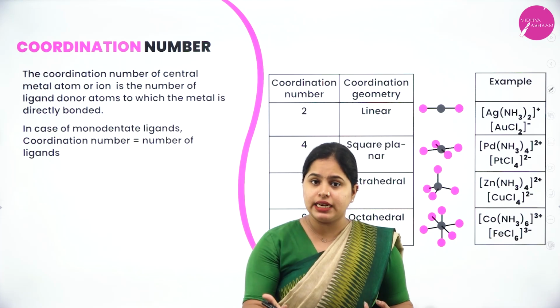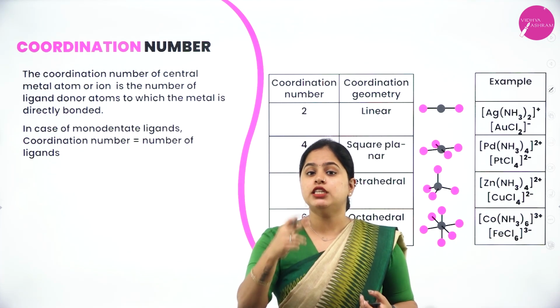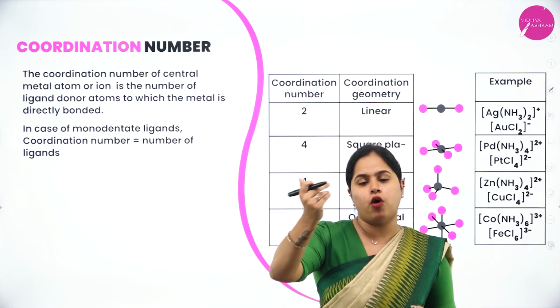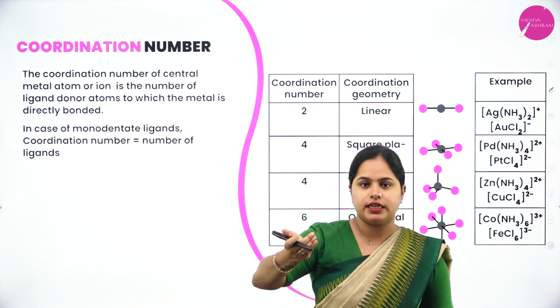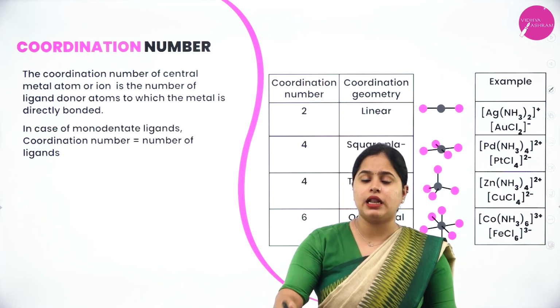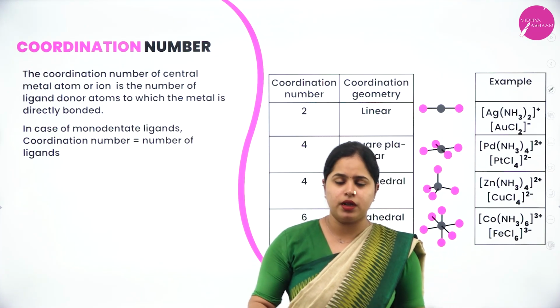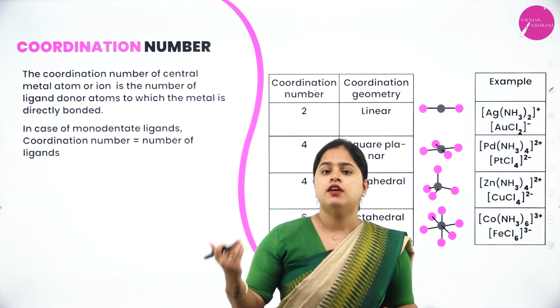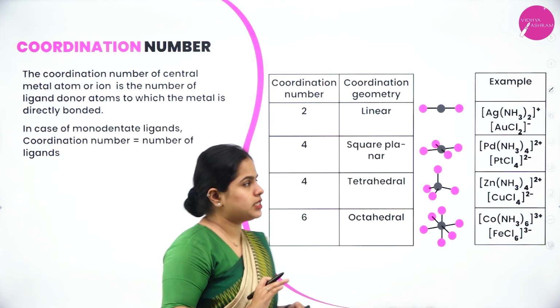But if it is didentate, we have to multiply the number of ligands by 2, because there are 2 donor atoms. And for polydentate, we have to multiply according to the denticity. We will discuss in detail how to calculate coordination number, as well as another important number called oxidation number, in the next session.